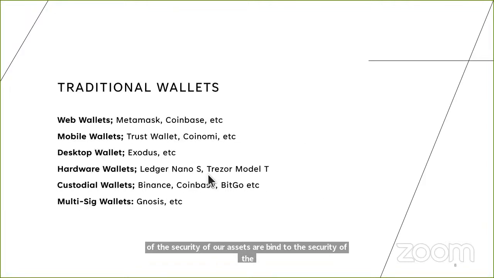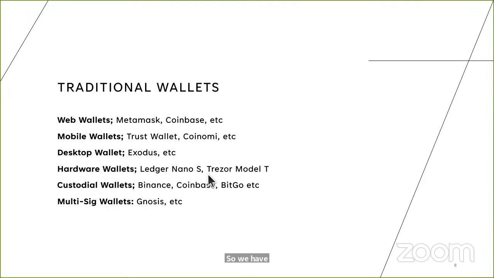So we have different types of wallets, traditional wallets. We have web wallets, and we know some of them. Most famous web wallets are MetaMask and Coinbase. Mobile wallets like Trust Wallet or Coinomi. Desktop wallets like Exodus.